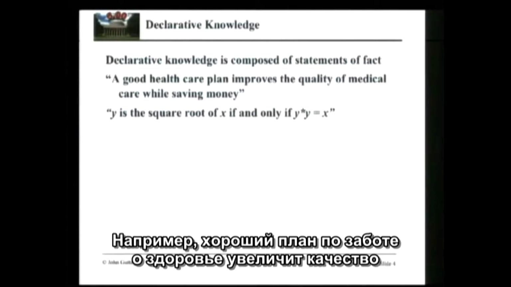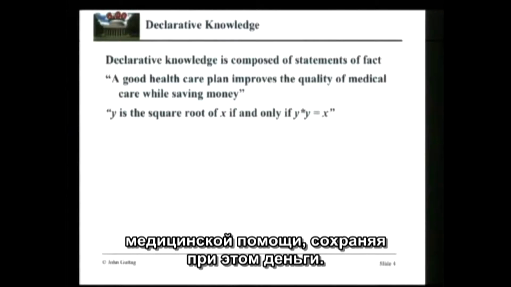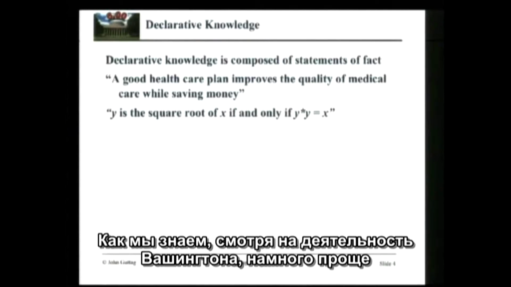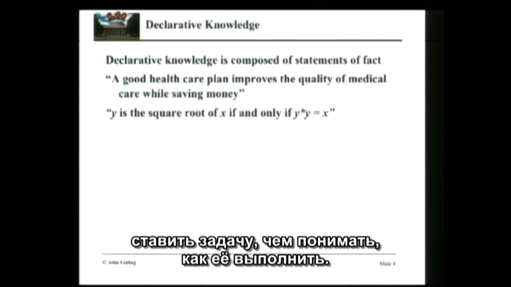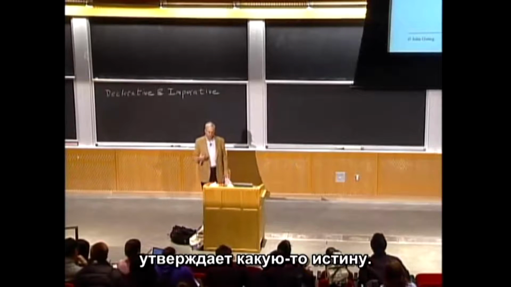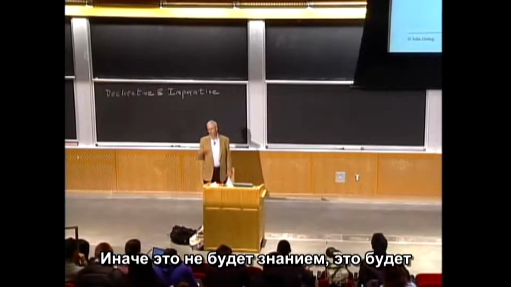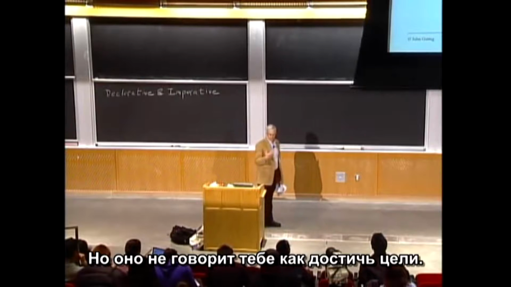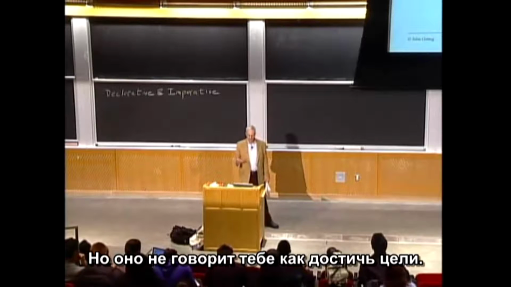For example, a good health care plan improves the quality of medical care while saving money. As we know from doings in Washington, it's a lot easier to state that goal than to know how to achieve that goal. So the key thing about declarative knowledge is it says something that is true, otherwise it wouldn't be knowledge, it would be misinformation, but it doesn't tell you how to do it.